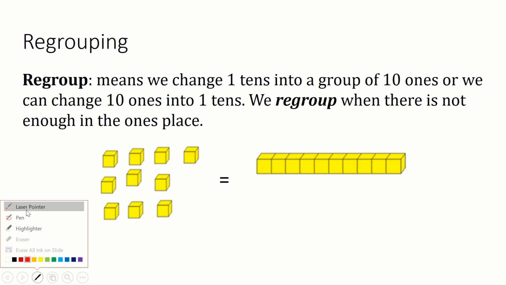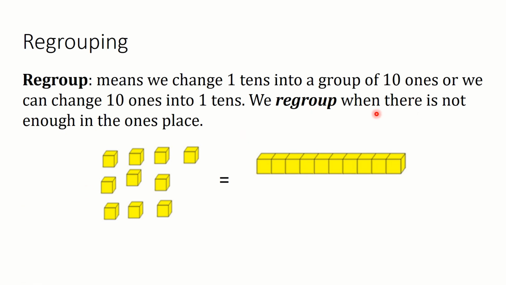And we know that when we regroup, that means there's not enough in the ones place to take away when we're subtracting. So that's why we need to borrow a 10 stick, and we change this 10 stick to be 10 ones cubes, so that way the ones place has enough.